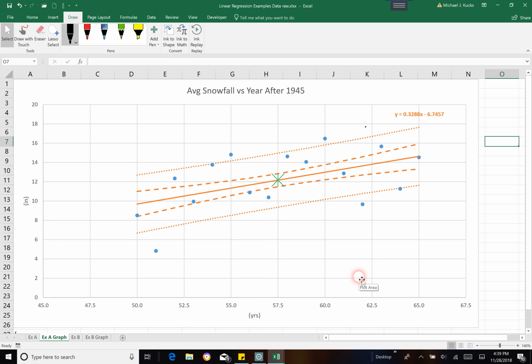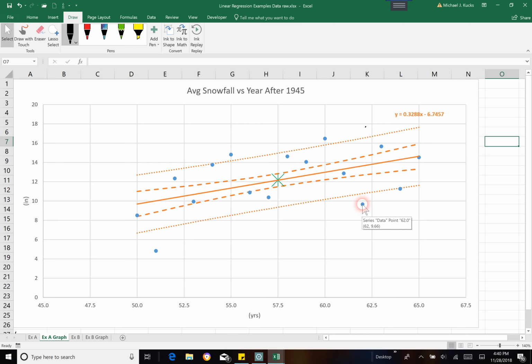We can start saying, well, let's do this. Let's see. We'll pick one of these here. Here at 2007. Okay, this is 2007. If we measured the snowfall in Chicago in 2007, first of all, what would the model predict?